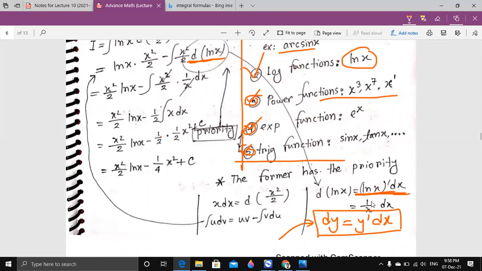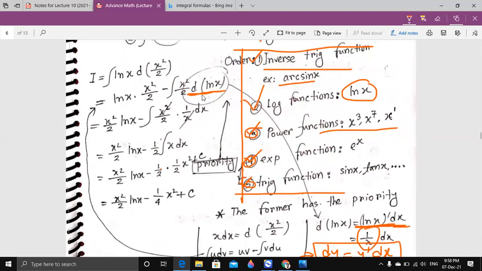So derivative of ln x will be 1 by x. This is also another formula of our differentiation formula, okay? Ln x derivative is 1 by x. 1 by x dx.